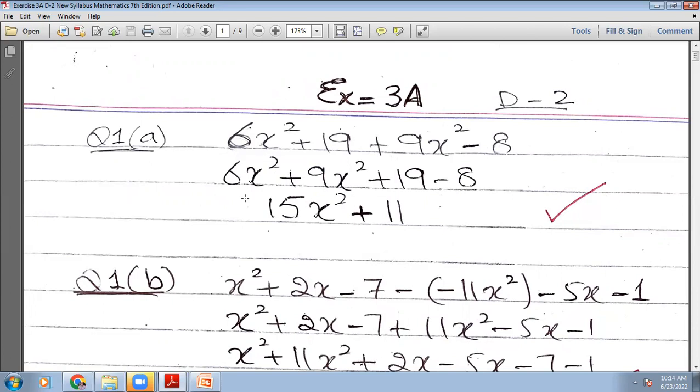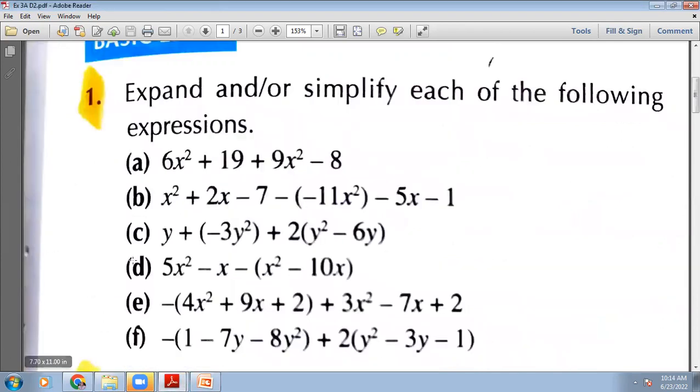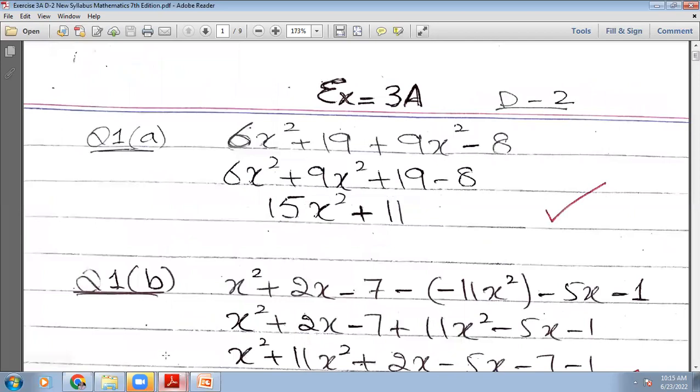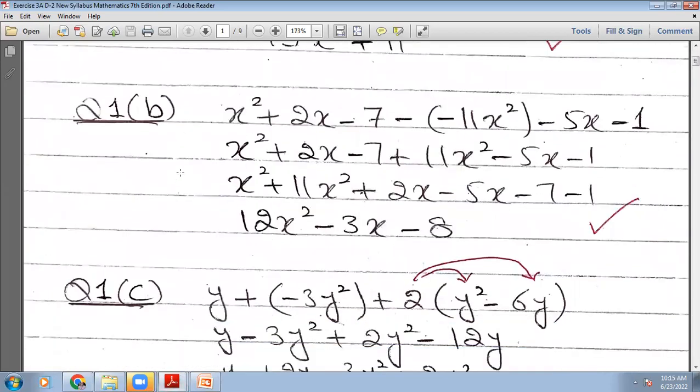That's question number 1, and it's B part. Let's see. So here we go. x squared plus 2x minus 7 minus bracket minus 11x squared, bracket close, minus 5x minus 1. The rule is the same.